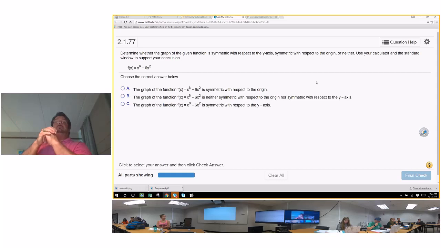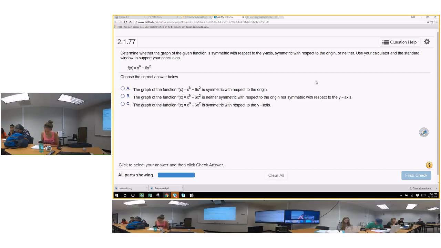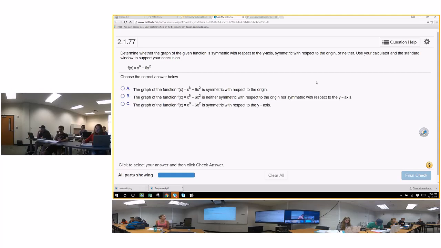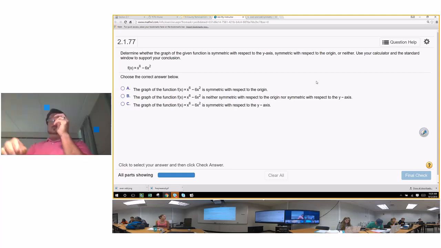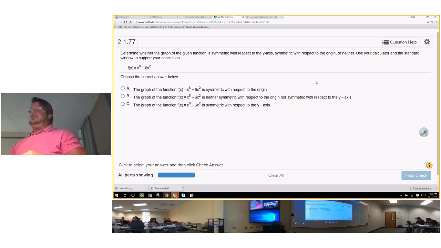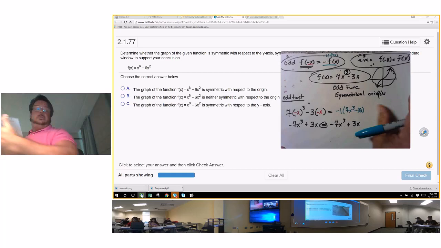Do it. Check it with your graphing calculator. I hope we have a graphing calculator on this. I think I do have it on here. So I'm going to take my handy dandy marker and tear this off.